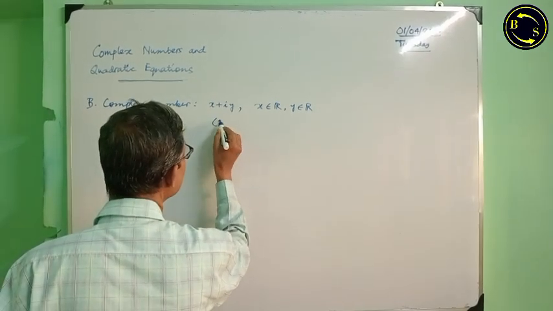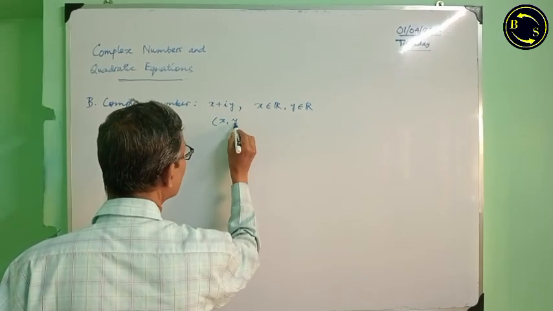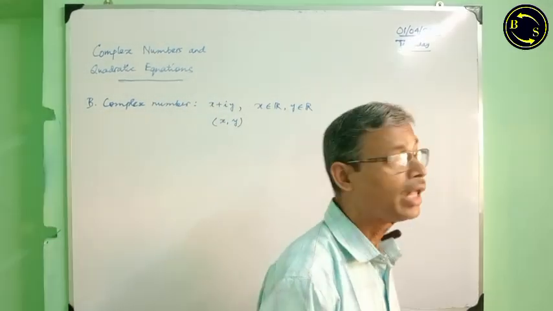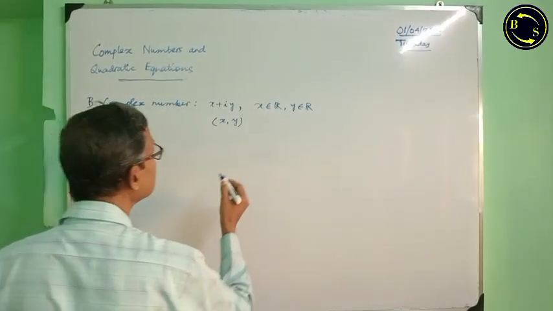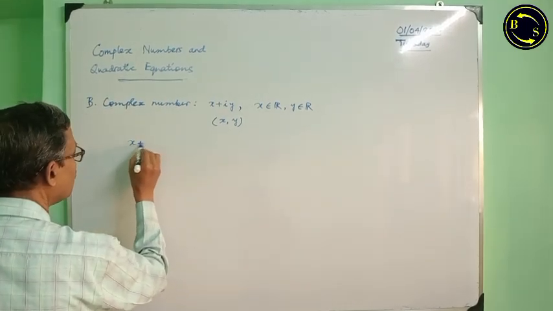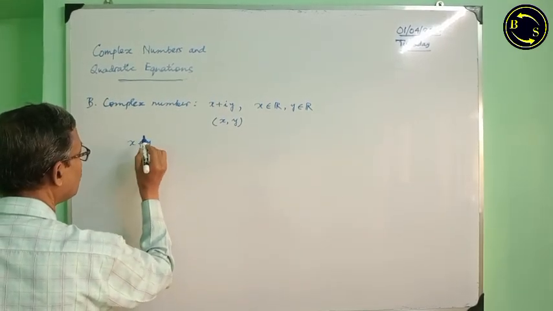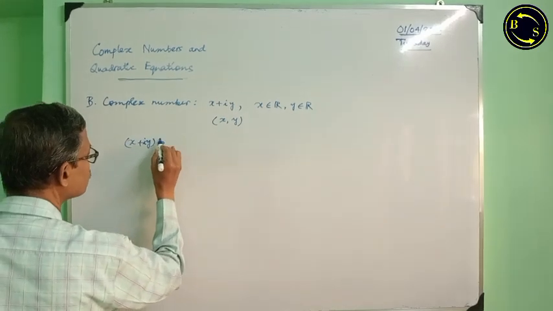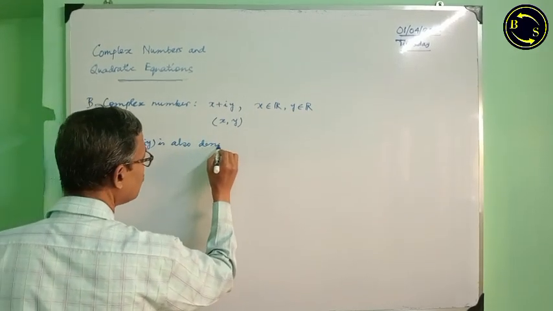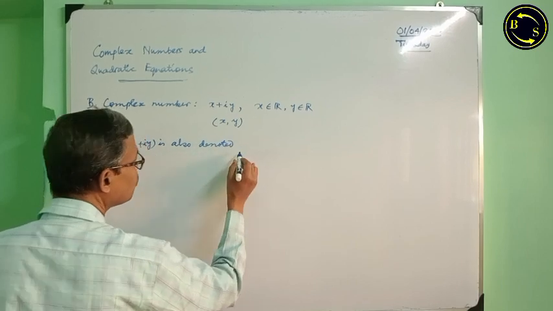Also, it is represented by the ordered pair (x, y) and denoted by z.